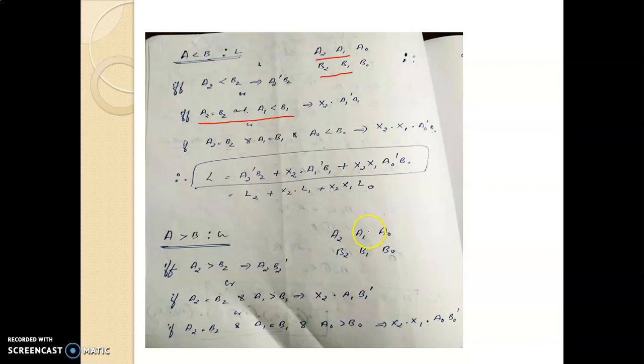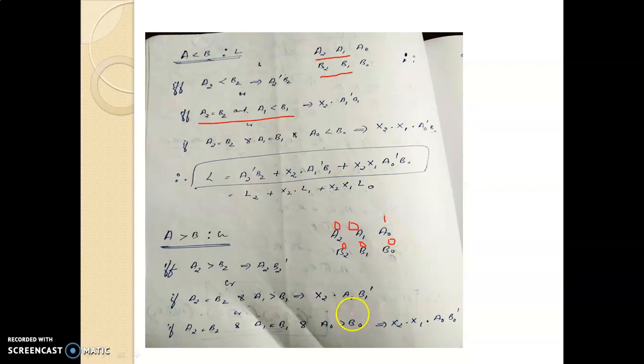Now what happens when these two bits are equal? A2 A1 and B2 B1 are equal. If A2 equal to B2 and A1 is equal to B1, then you have to check whether A0 is greater than B0.